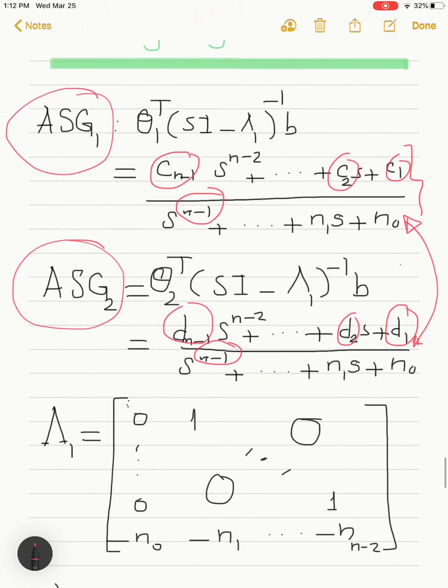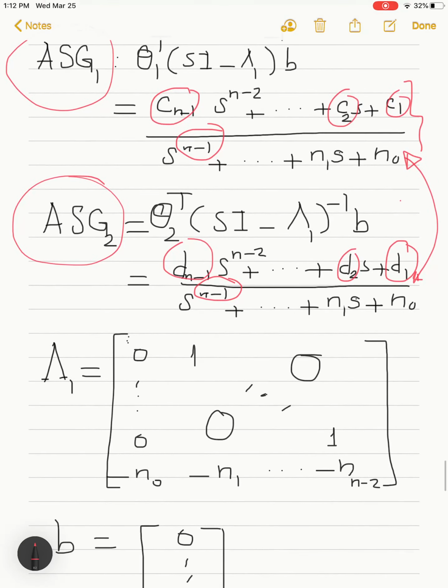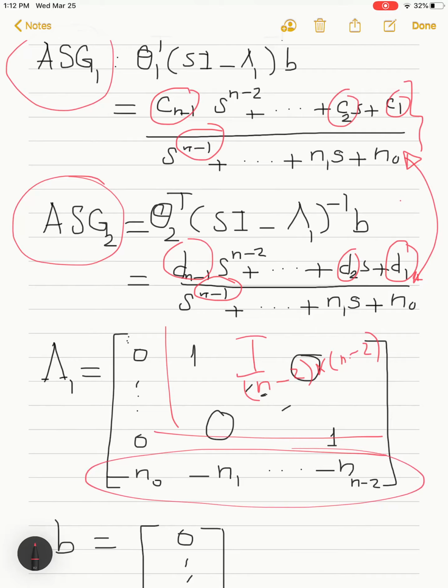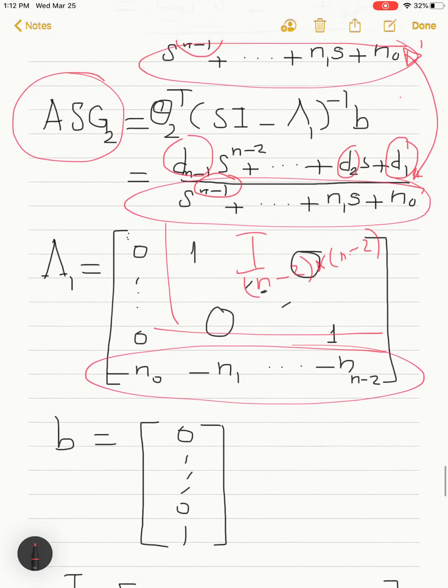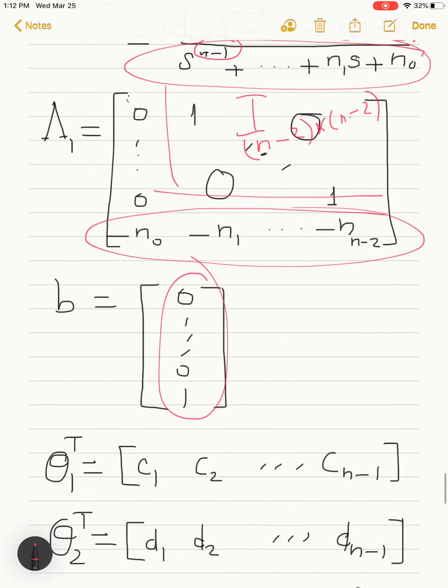I can put any of them in the controllable form, so I will have here the identity matrix of dimension n-2 by n-2, and then I have here the coefficients of the characteristic equation of any of them. They are similar. Then this is the B vector, and this is the C vector.